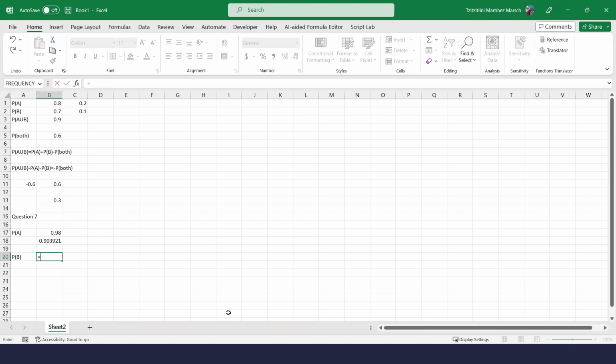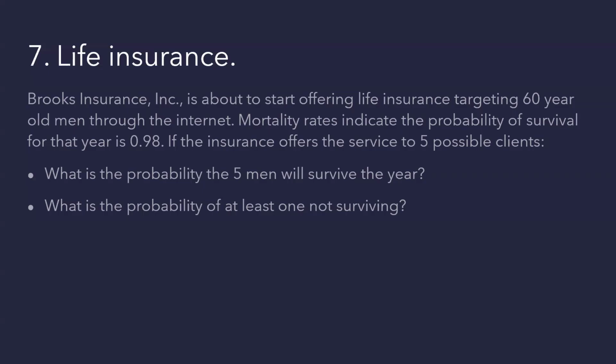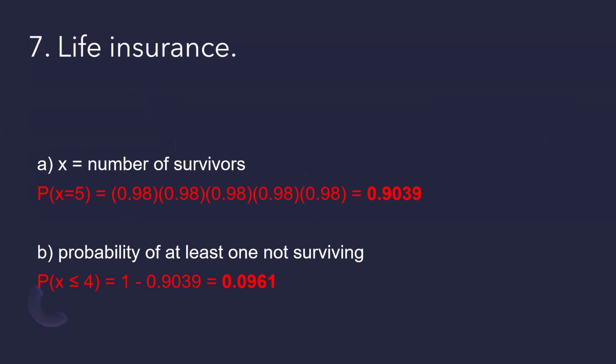It's going to be 1 minus what we got in the probability of A, of all 5 men surviving. It's going to be exactly the answer, 0.096079. Okay. That is the probability of at least one not surviving, because we already know the probability of them surviving. Okay.